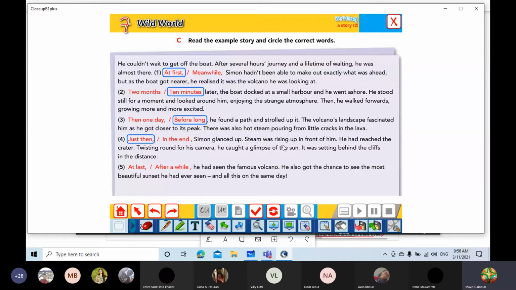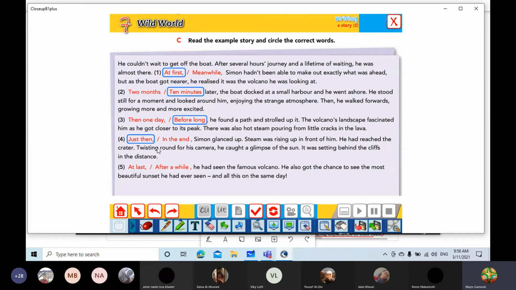Yes, steam was rising up in front of him. He had reached that crater. What's the meaning of a crater? The mouth of the volcano. Yes, the opening of the volcano.